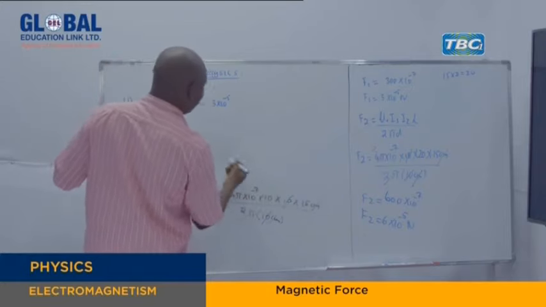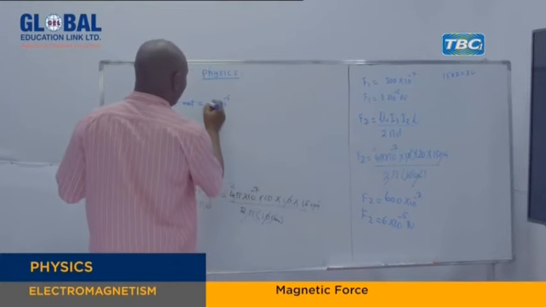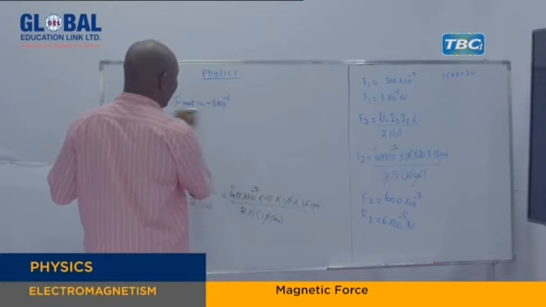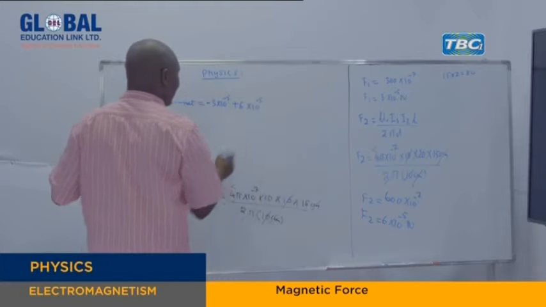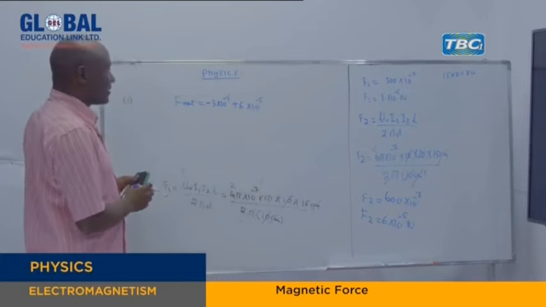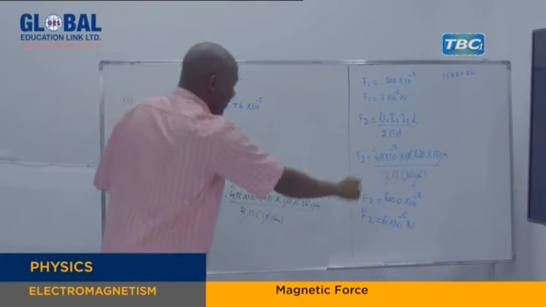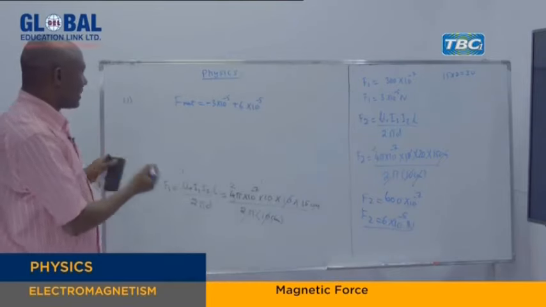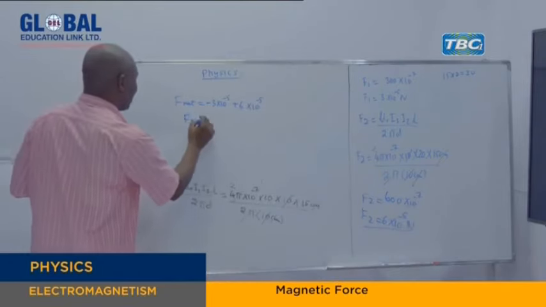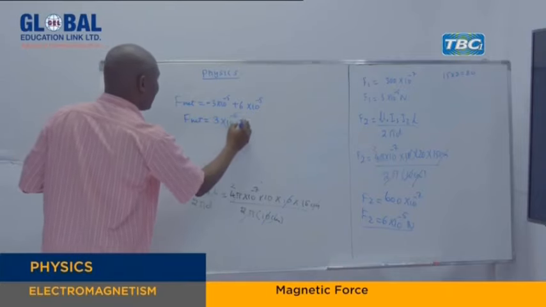And this will be 6 times 10 to the negative 5, which is now pointing to the right. So we choose this to be negative, since it's moving to the other side. When you're finding the force, you're supposed to consider the sign. We choose the positive direction where the force is acting here, and that one will be negative. So the net force here equals 3 times 10 to the negative 5 Newton.